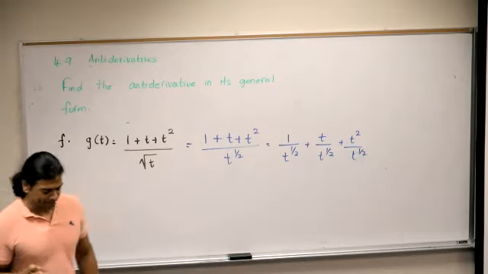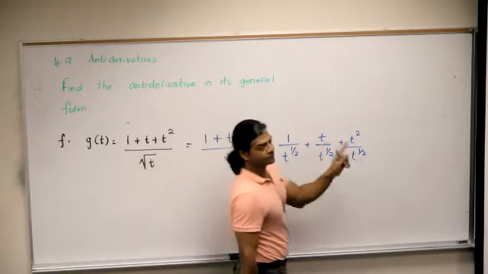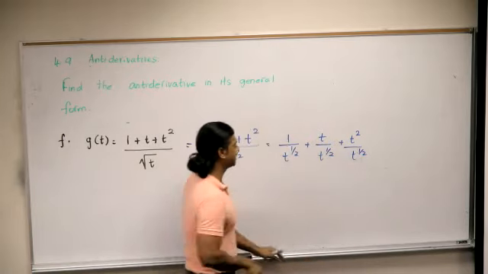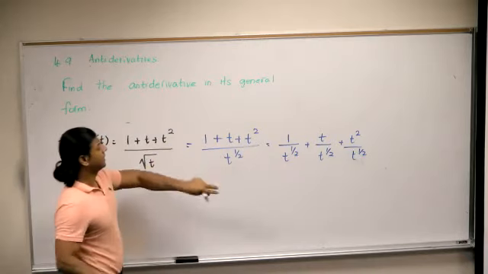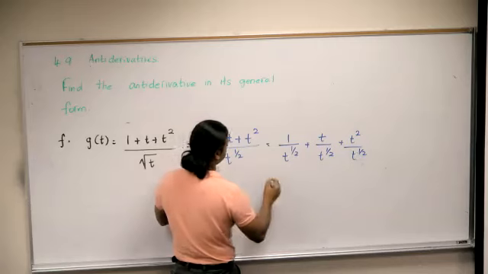And why is that the case? Because we have a common denominator, so I could divide each term by the common denominator. Now I can move t raised to 1/2 to the numerator.